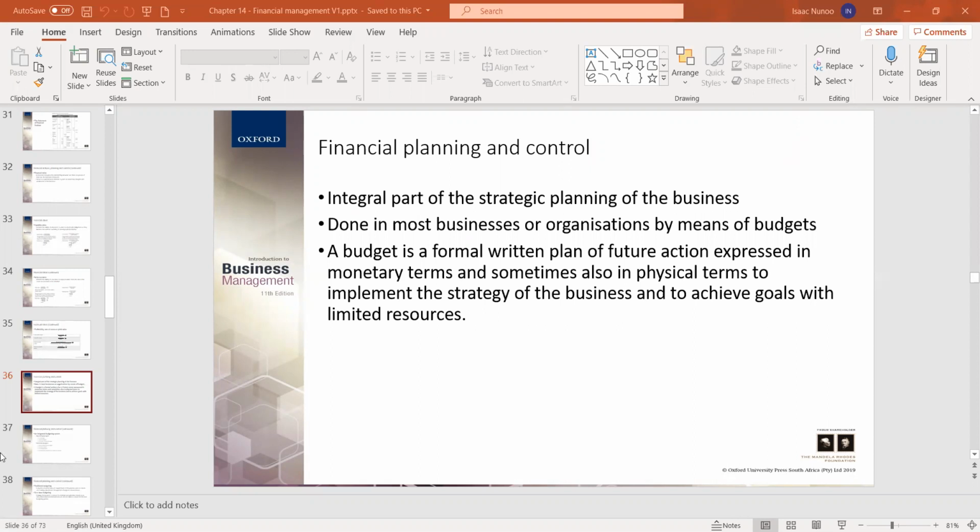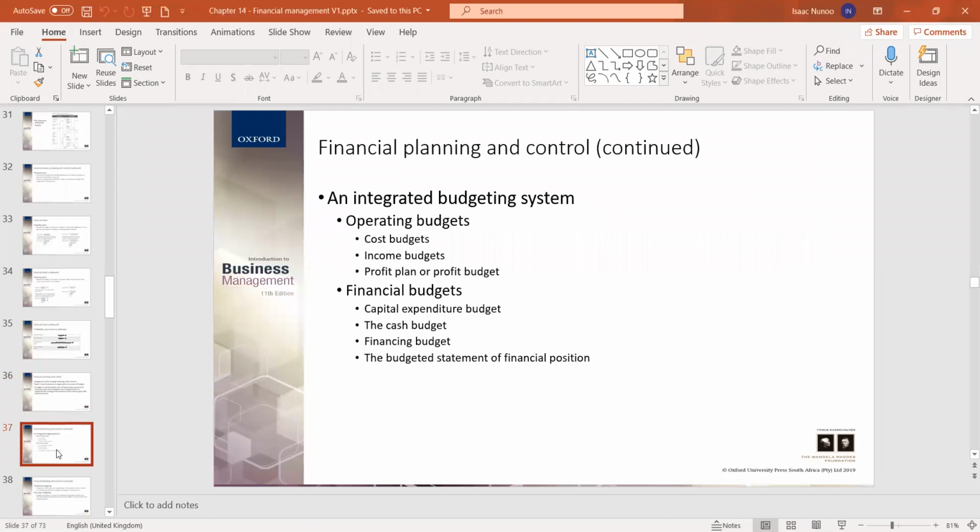We can have different forms of budget. In South Africa, for example, when they read the budget, people tend to find out what kind of budget it is. We have the state budget. We also look at a company's budget, and even an own personal budget. So we have different components of budget, and this is what we are going to look at.